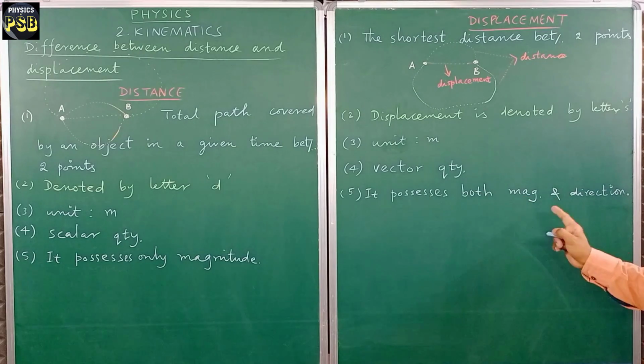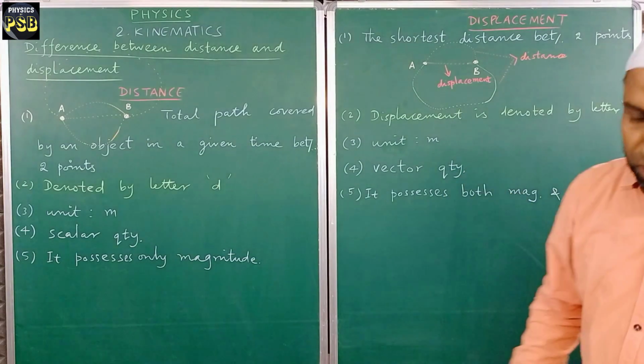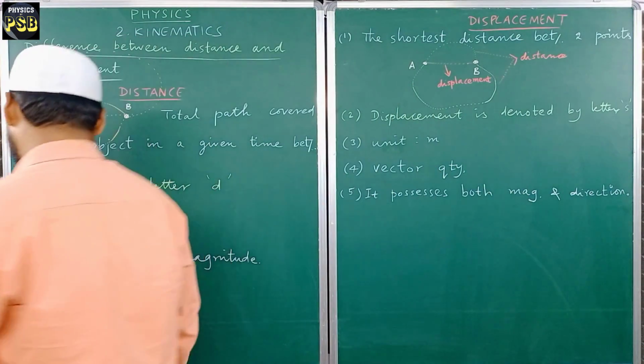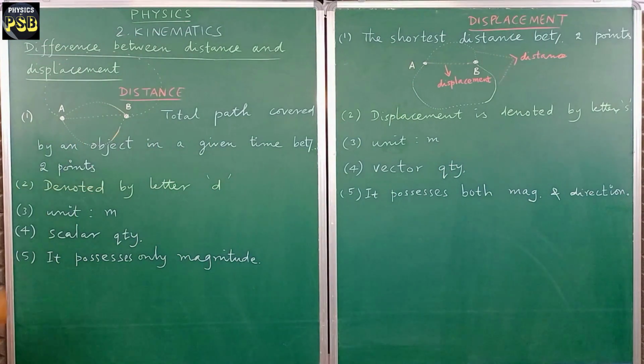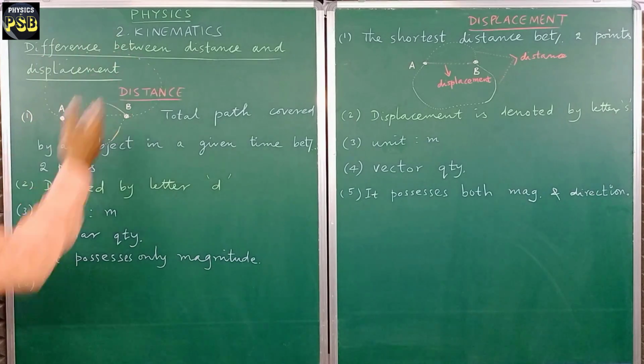It possesses both magnitude and direction as it is a vector quantity. Next, the difference about these two things is this. As the distance is a scalar quantity, it doesn't possess direction. Okay, that is obvious from this diagram.